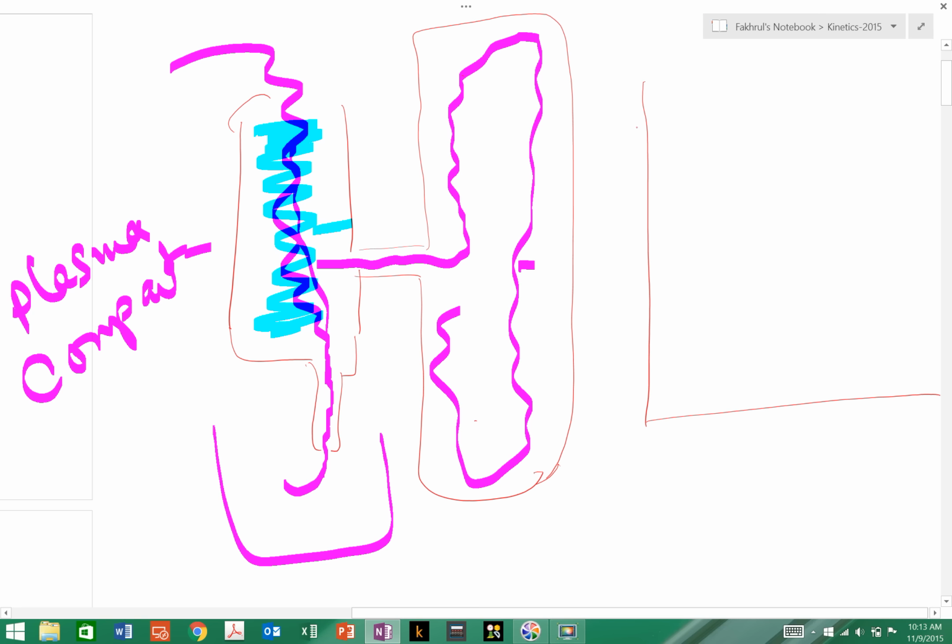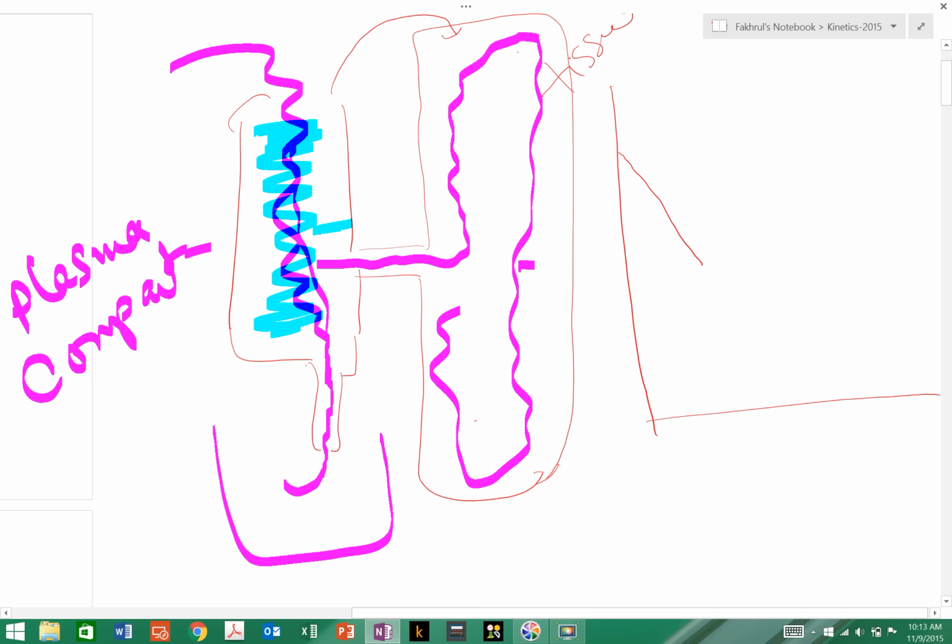This is the central compartment, and these are our tissue compartment. Because of the distribution of the drug from central, from our plasma, to the tissue compartment, there will be a sharp fall in the concentration, because some drug is eliminating and also distributing into the other compartment.